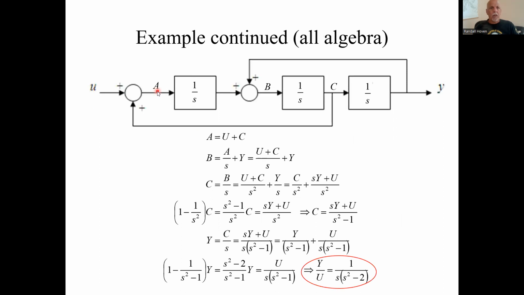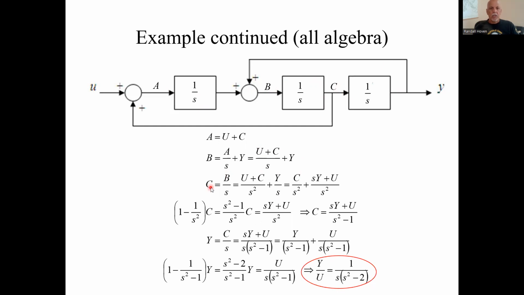Here's where we've left off. A is U plus C. B is A over S plus Y. And we had what A is, so it becomes this. And then C is just B over S. We have what B is.